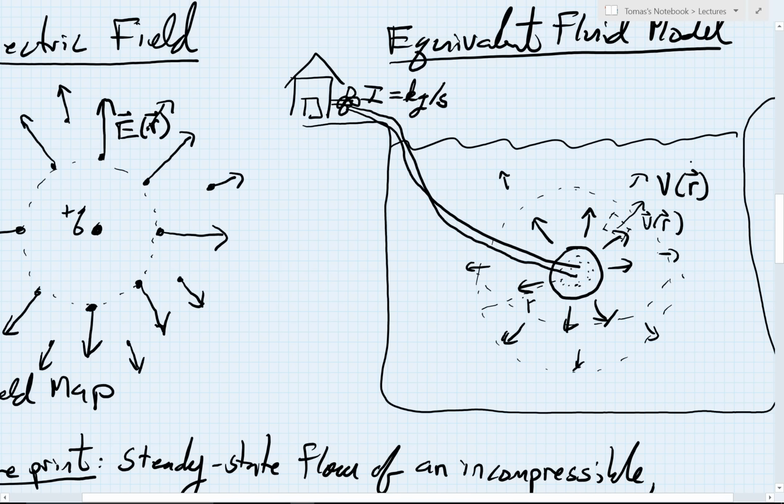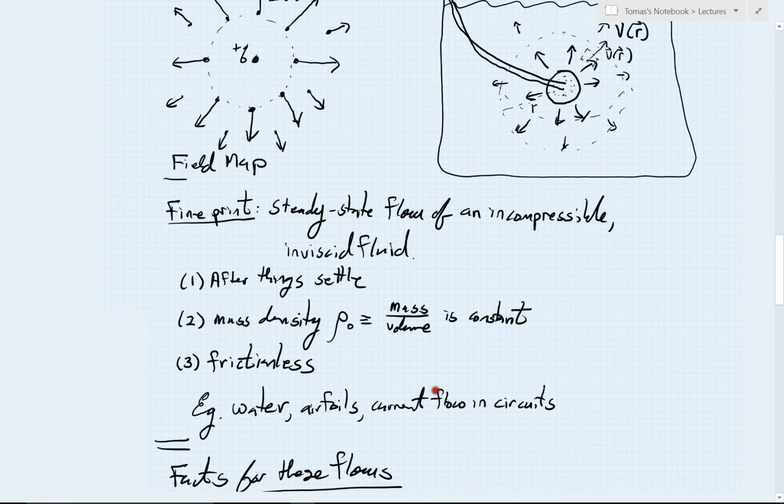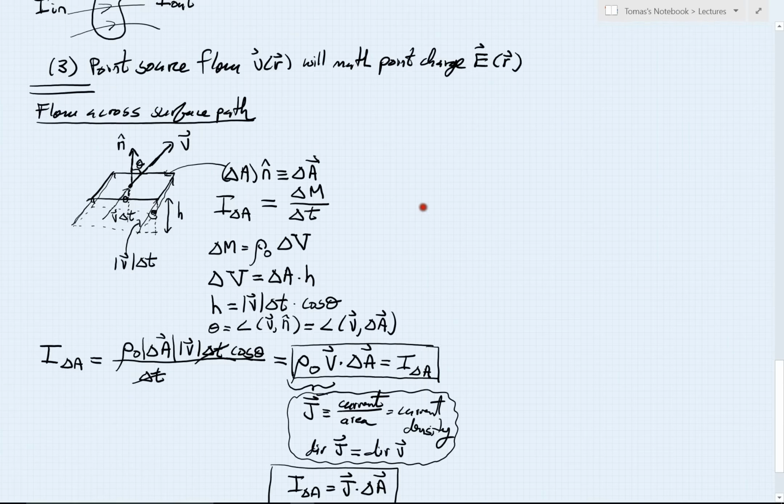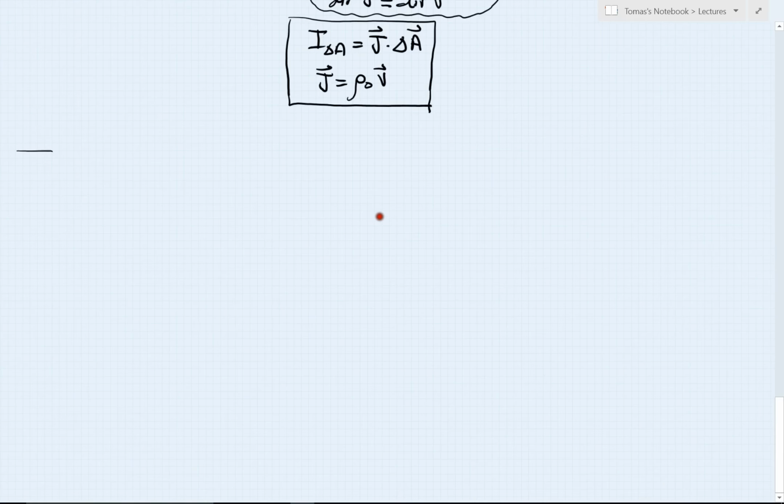But now we have a way of relating the velocity at the surface to the total flow, and this should allow us then to solve for that velocity. So let us carry out that calculation.